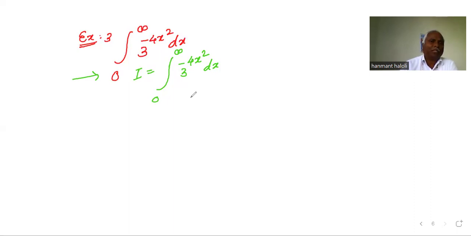If you replace, 3 raised to minus 4 x square equals e raised to minus t.